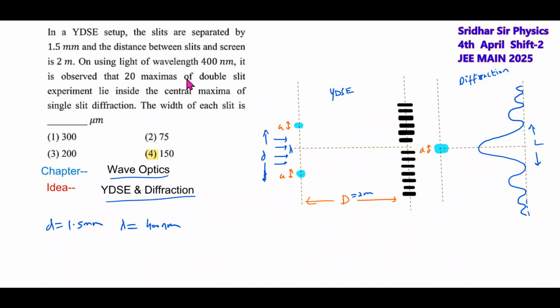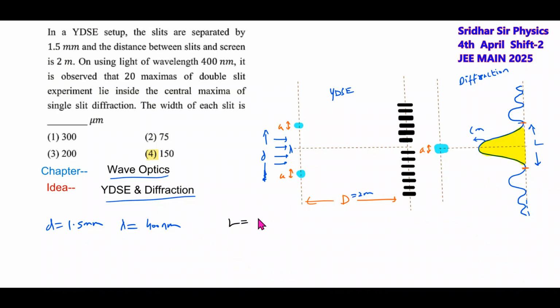It is observed that 20 maxima of the double slit experiment lie inside the central maximum of single slit diffraction. This is the central maximum. What is the width of this central maxima?